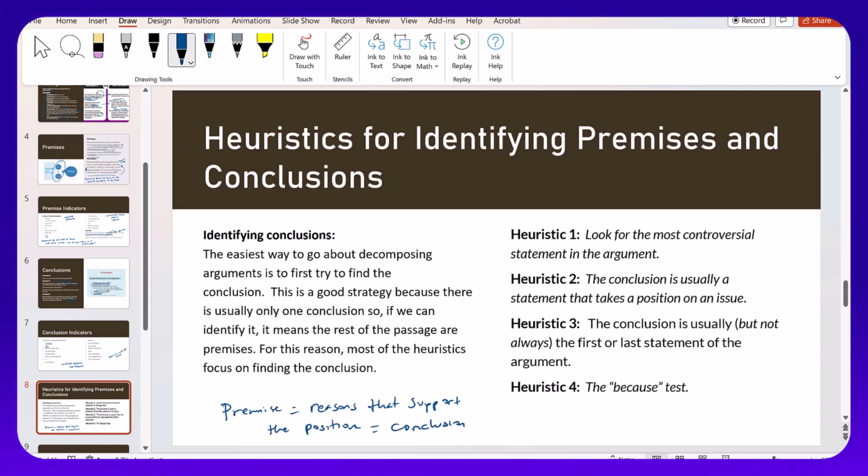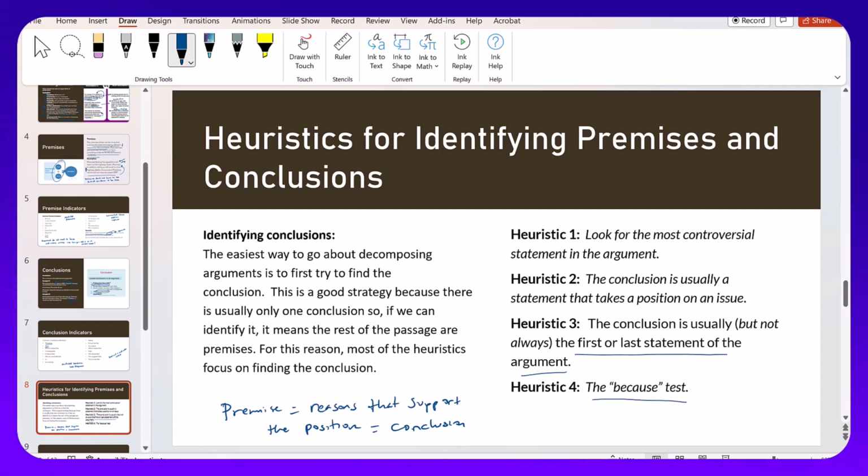So if you are looking for the statement that takes the position, it's likely to be the conclusion. The conclusion is usually, although not always, the first or last statement in the argument, which we already mentioned, but it's one of these that's like, use these 4 heuristics to try to determine the conclusion.